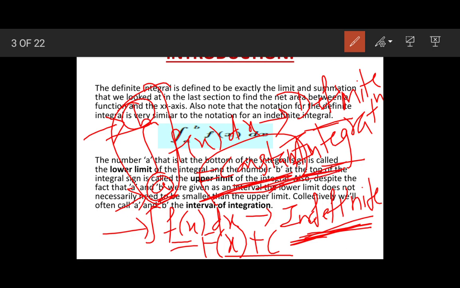In definite integration we get the exact solution, exact value. So that's why definite integration is the application part of integration. To apply integration one has to know the concept of definite integration.